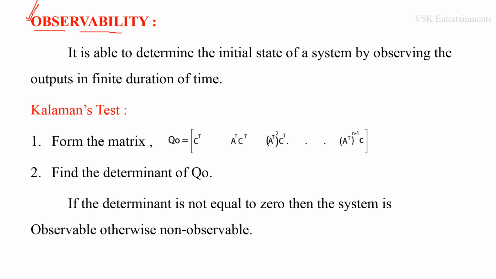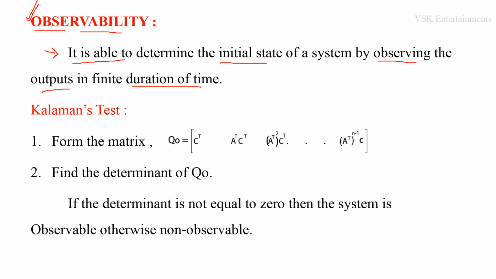A system is said to be observable if it is able to determine the initial state of the system by observing the output in a finite duration of time.